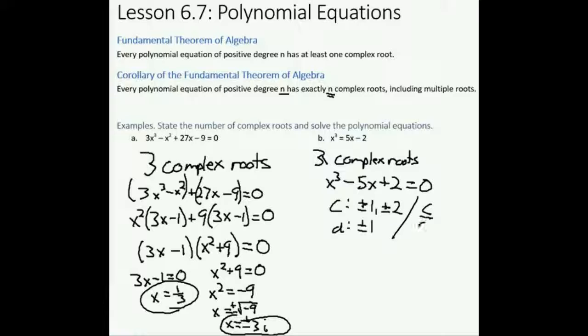C over D then would be 1 over 1 and 2 over 1, so actually the same as C. So plus or minus 1, plus or minus 2, and what we can do is use synthetic division and start trying these. So we have 1 for x cubed, we have 0x squared, so we're going to put a 0 in here, negative 5 and 2. Let's try using 1, so we bring down our 1.